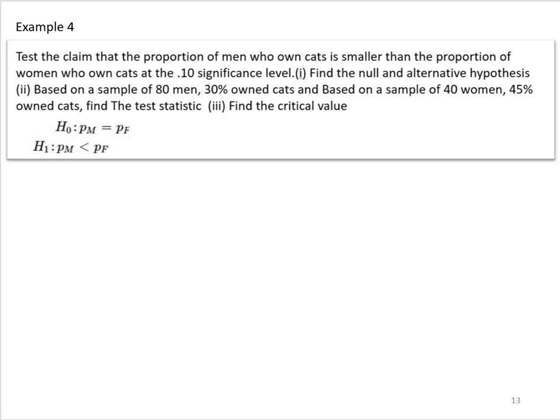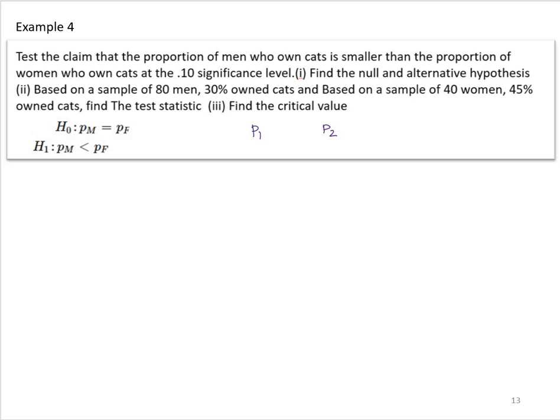Okay, so test the claim that the proportion of men who own cats is smaller. So let us take P1 as the value for the first group and P2 for the second, men and women.